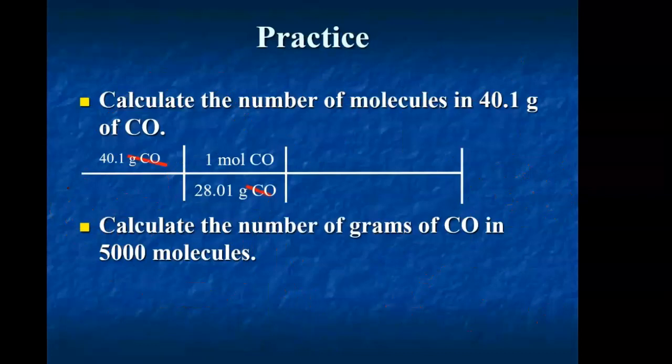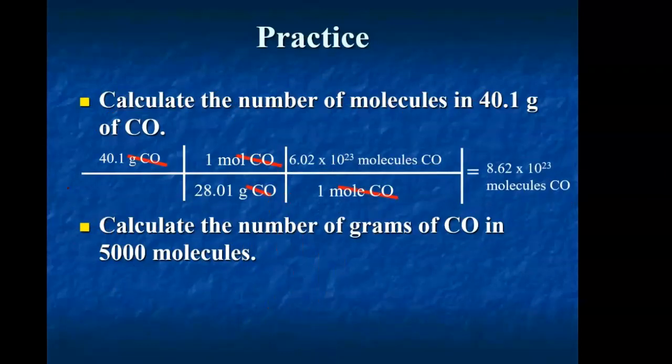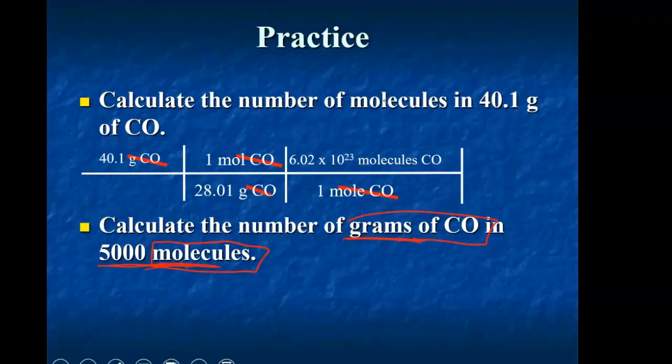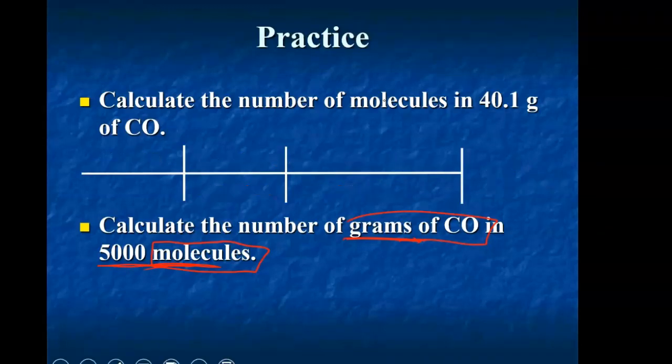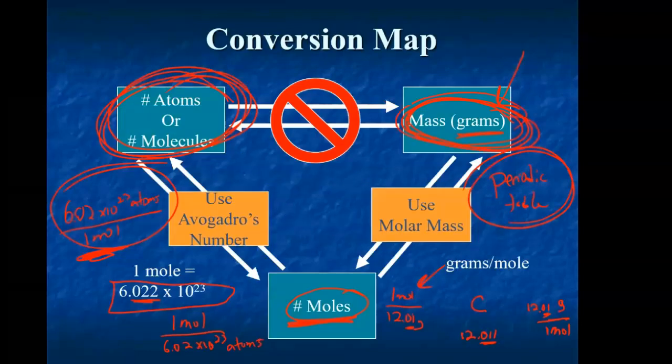Okay, so we did this top one, right? This is kind of where we ended. I don't think we did the bottom one. So this one says molecules. It says calculate the number of grams of CO in this many molecules. So we want grams and we want to go to molecules, right? I'm just going to set it up again for you. So grams, molecules.